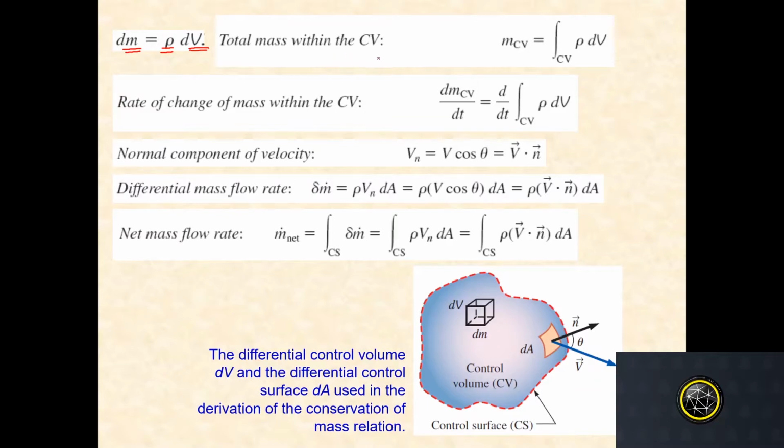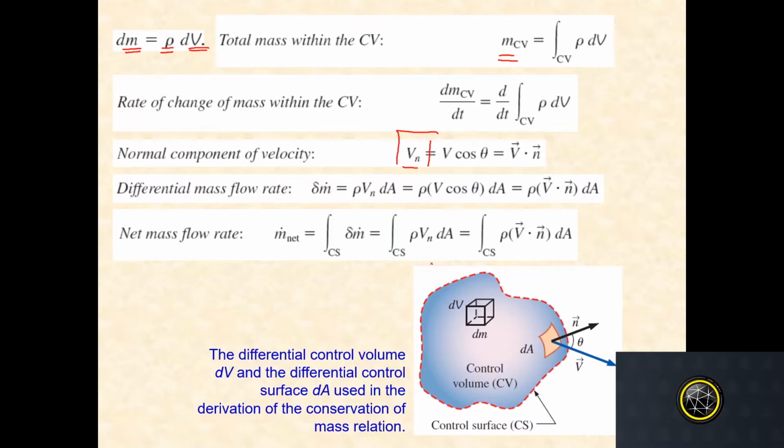The total mass within the control volume is defined as this: the mass equals the integral of the density over the volume. The rate of change of mass within the control volume is obtained by differentiating the equation above with respect to time. And as mentioned before, this is the normal component of velocity, Vn.